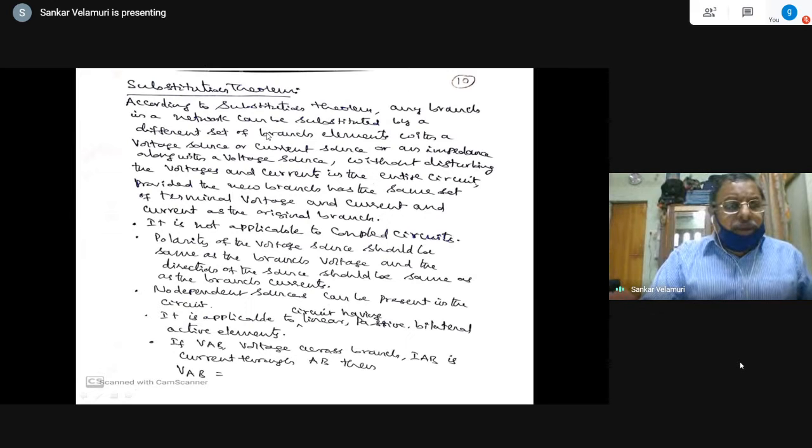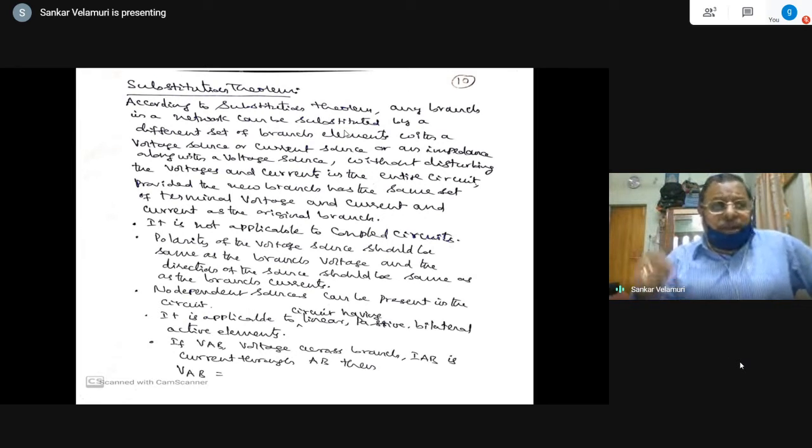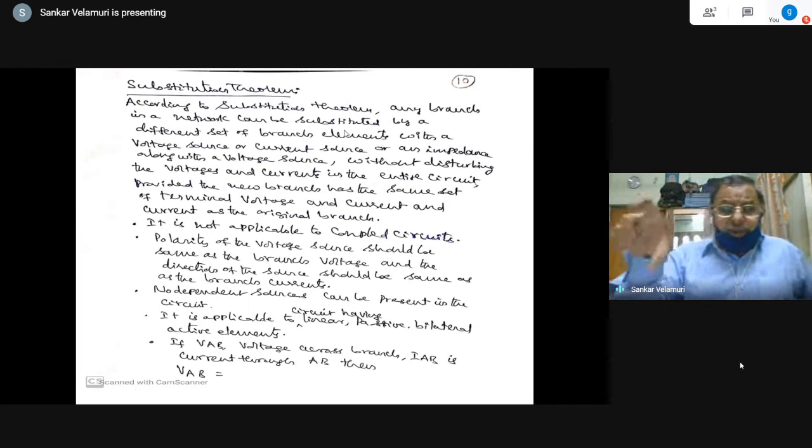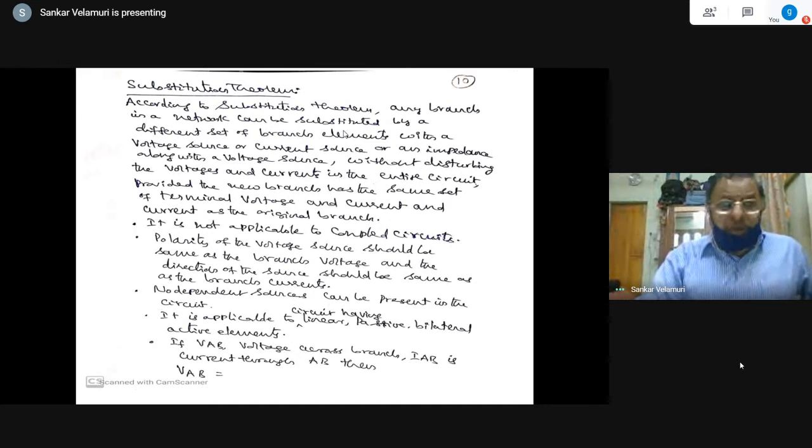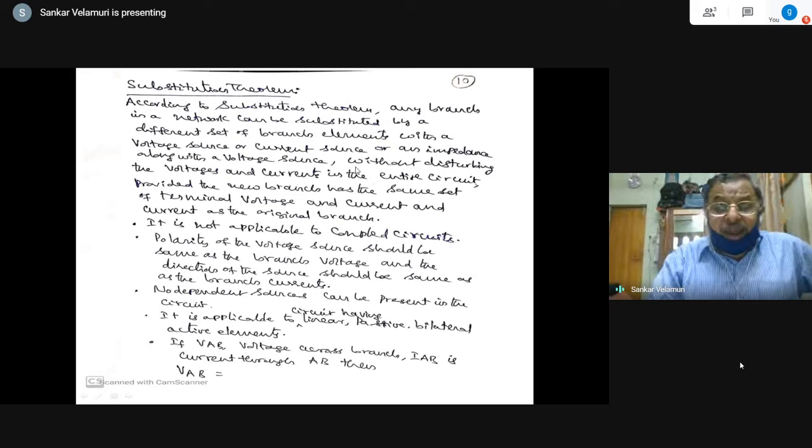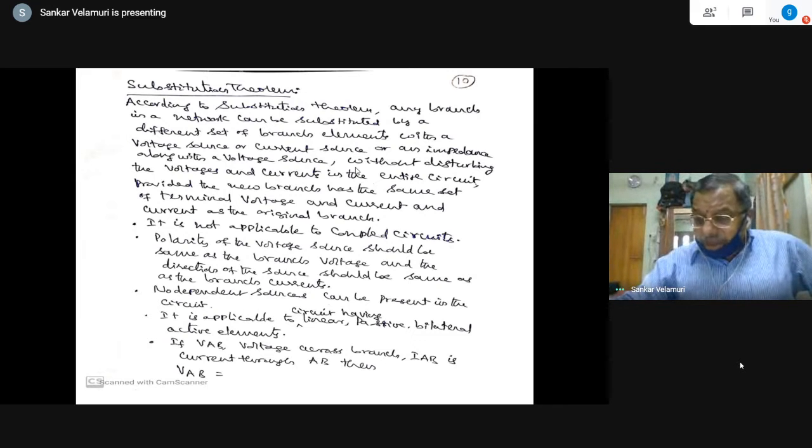A branch in a particular network can be substituted by different sets of elements. That particular branch can be replaced with an infinite number of elements, and infinite solutions can be obtained, as long as the network is unaltered and the current flowing through the branch and the terminal voltage across it are the same as in the original network.